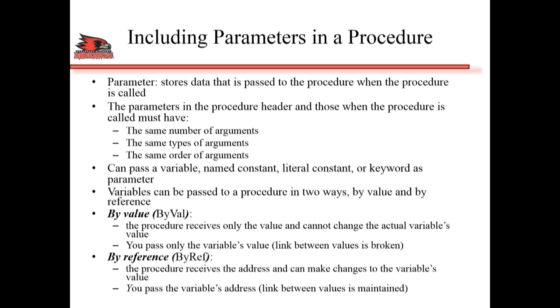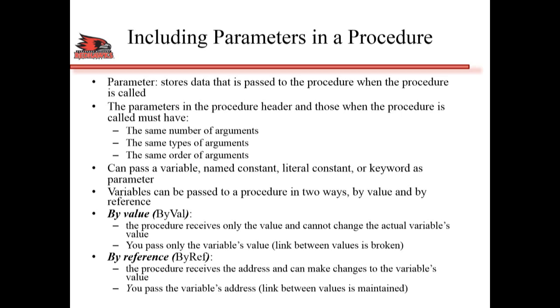So in your call statement for the GPA, you will pass on what GPA you got and how many hours you actually took, and that's your argument. That argument goes to the procedure, and the procedure uses that information to calculate, say, your cumulative GPA.